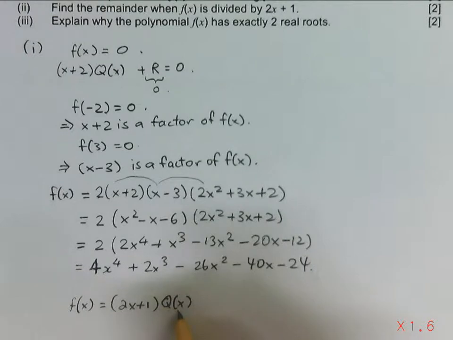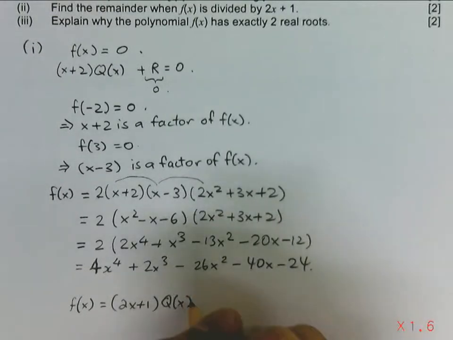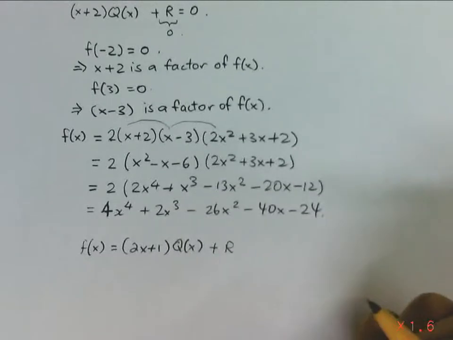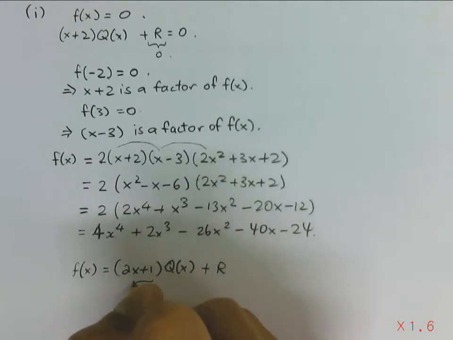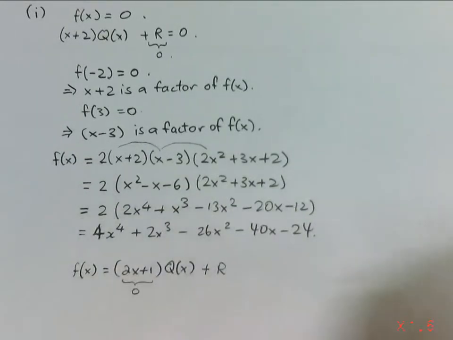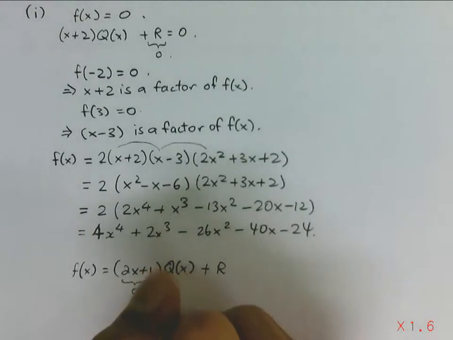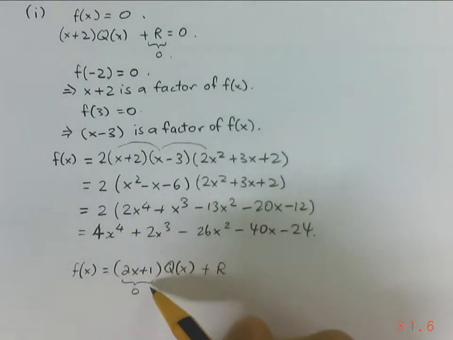So the quotient will be multiplied to the divisor, giving us a remainder. So in order to find the remainder, we have to make this factor 0. So solving this to be 0, we need to find out the value of x to substitute, which will give us minus half.